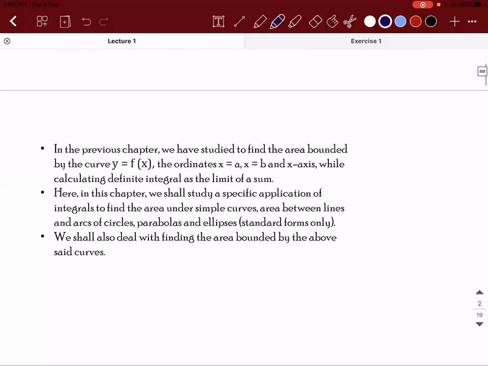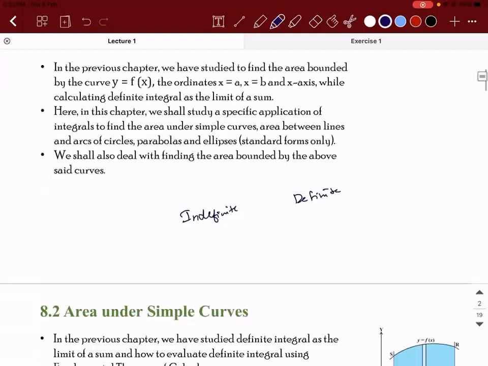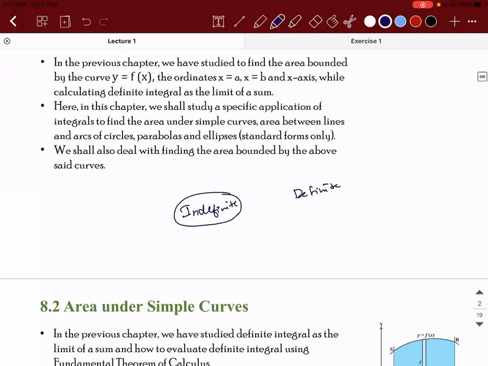So what was our previous chapter? What was the integrals chapter all about? We had indefinite integrals and definite integrals. When you talk about indefinite integrals, you integrate a function with respect to x without limits. In the case of definite integrals, you integrate the function with respect to x with proper limits.